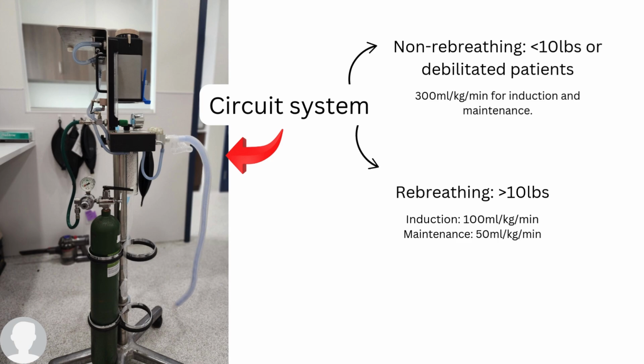Anesthesia can also lead to low blood pressure and heart rate. Higher oxygen levels can help maintain the oxygen carrying capacity of blood and support better tissue perfusion. On the other hand, if you're using a non-rebreathing system, you will calculate 300 ml per kg per minute. You will divide that by 1,000 and you will get your liters.